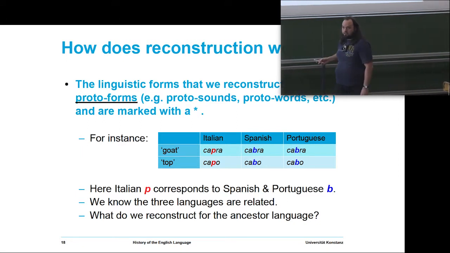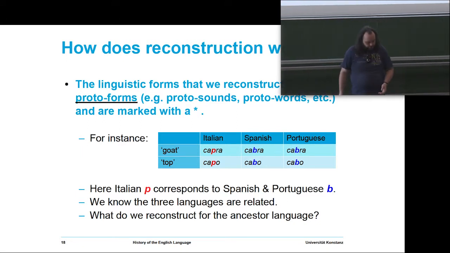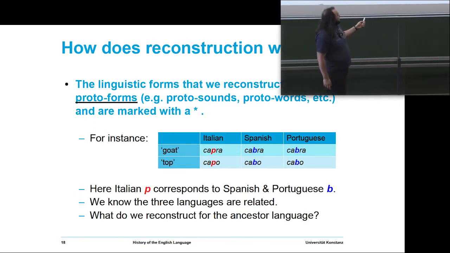We know that these three languages are related for other reasons. So what do we reconstruct? What are our options? If we want to figure out what the word for goat was in the mother language, the language that is the ancestor of all of these three, well, we can say that it had a p in the middle, we could say that it had a b in the middle, or we could say that it had something completely different in the middle.